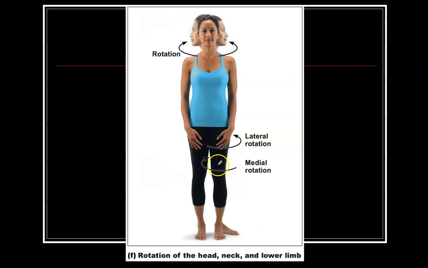This is where I wish I could turn my camera on for you, but if you keep your knee straight and you just turn your foot in, that's medial rotation. And then now you turn your foot out, that's lateral rotation, okay? And with the head, because your head is already midline, we don't use medial and lateral rotation there.